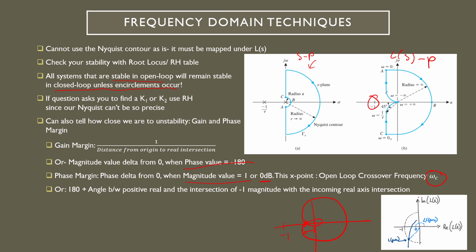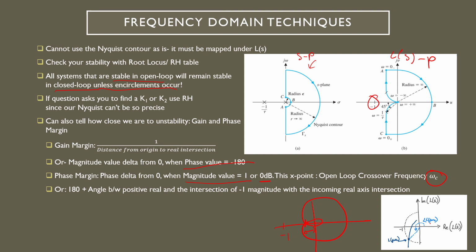You can also find it using the diagram. The diagram over here, I have just put a picture. I didn't really have space in the slide, and I was trying to lay out the slide to be compact, so I just put it in the corner. But basically, this angle, angle L(j omega C), is what I'm referring to here, the angle between the positive real axis and the intersection of the -1 magnitude.